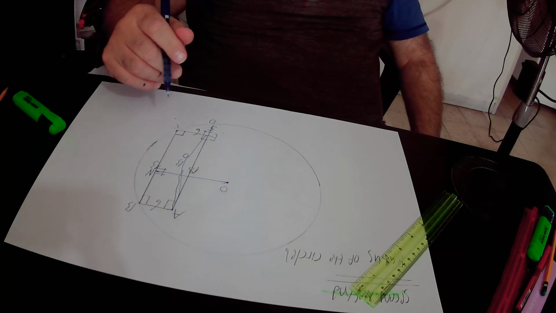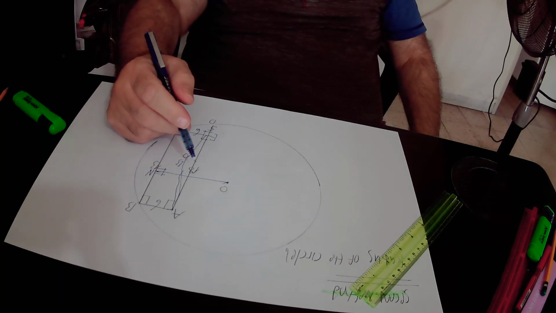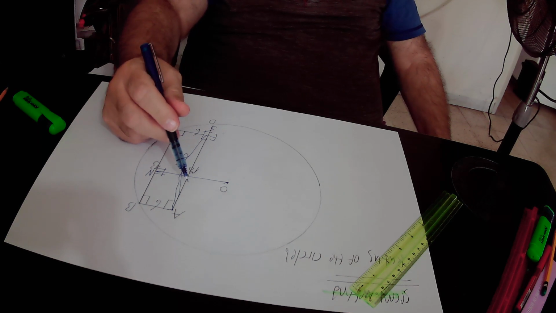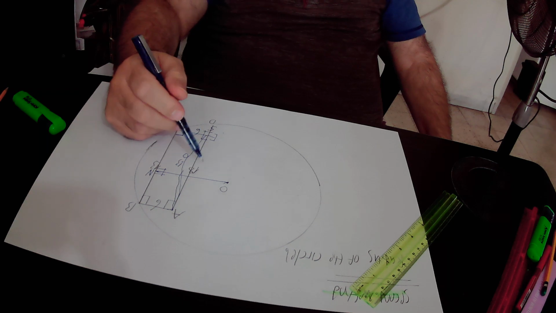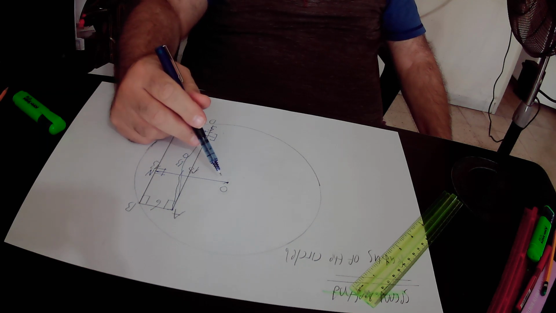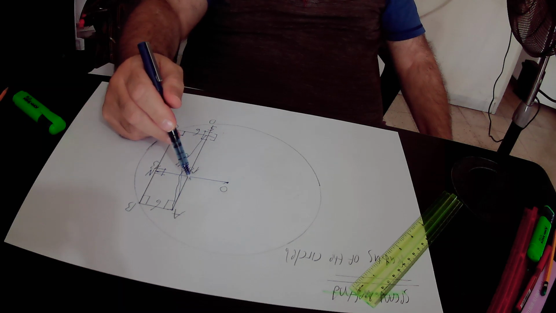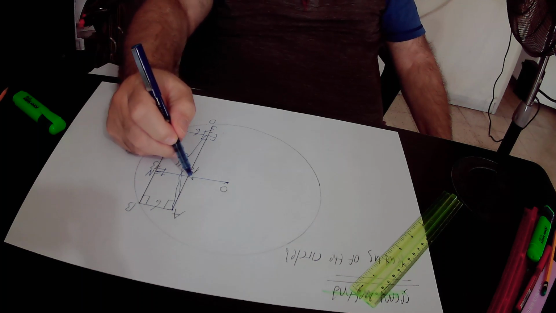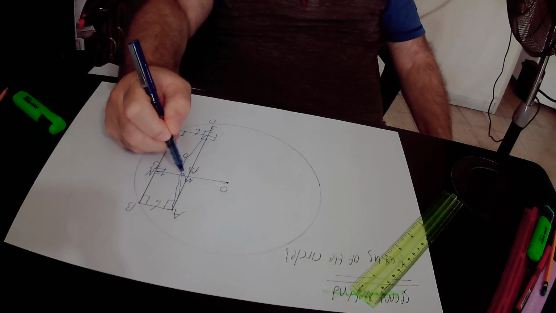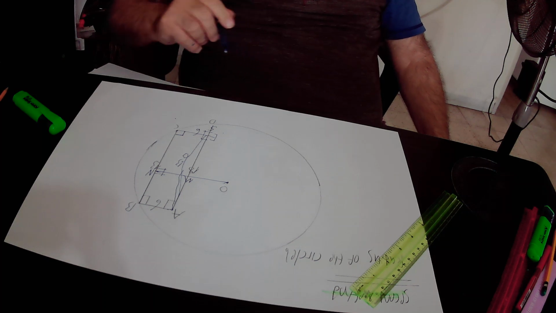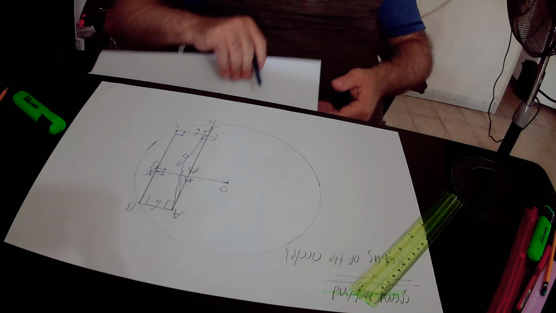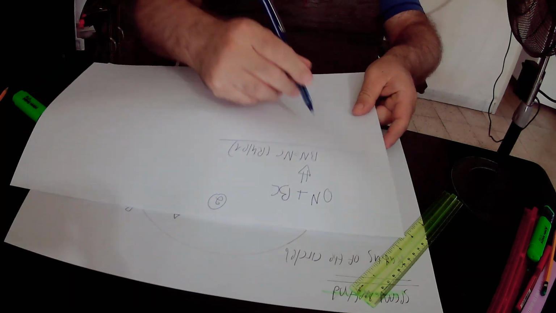In the next step, we will define the touching point of the perpendicular from point O and AD as point M. So in the next step we will focus on quadrilateral ABMN.